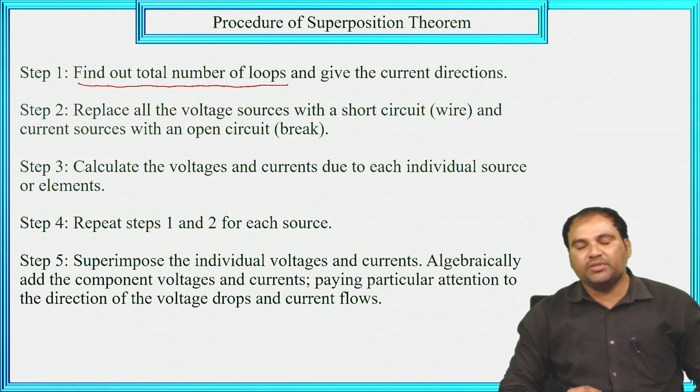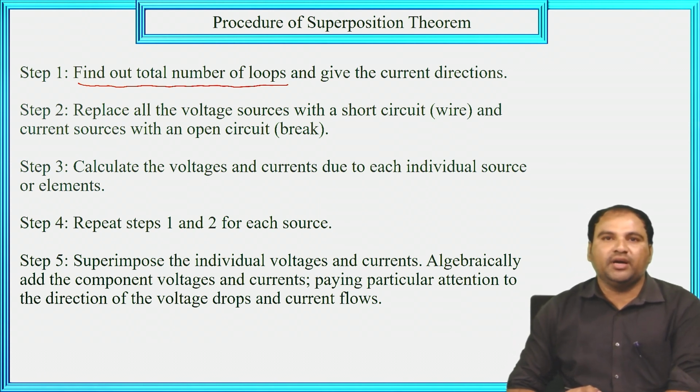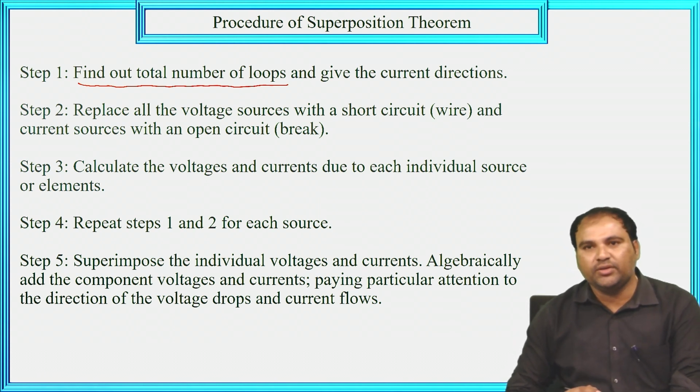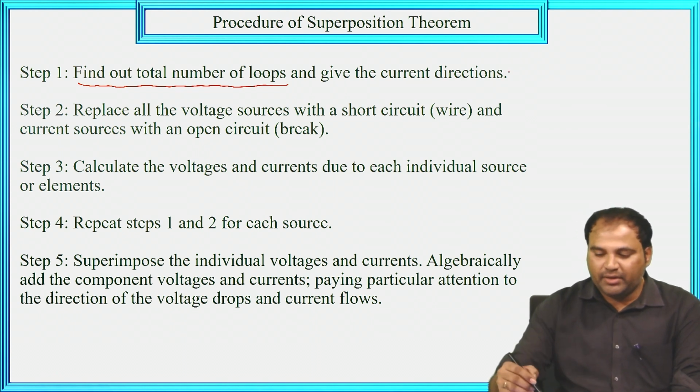Suppose we have only 2 loops, then the required currents are 2. If we have 3 loops, the required currents are 3. So step number 1 is, first find out the total number of loops in a given circuit and give the current directions through each and every element.